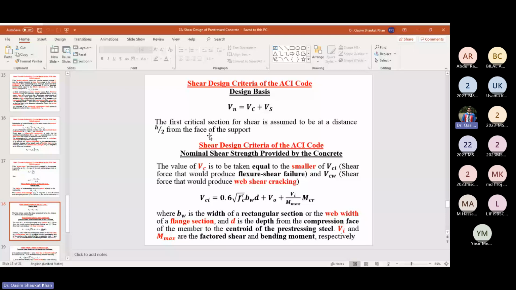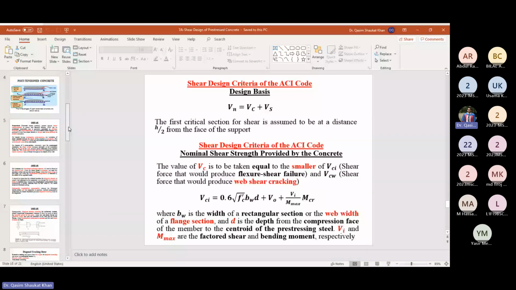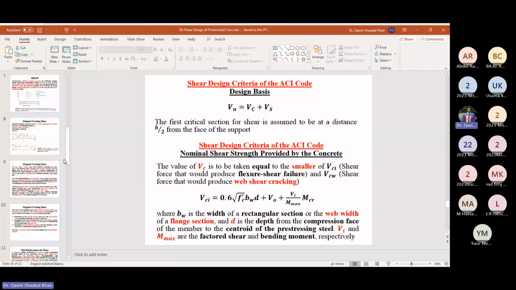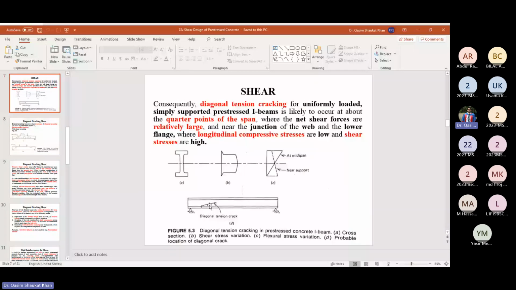One thing I want to make clear, so that it's not mixed up: the diagonal tension crack originates at the quarter point of the span.